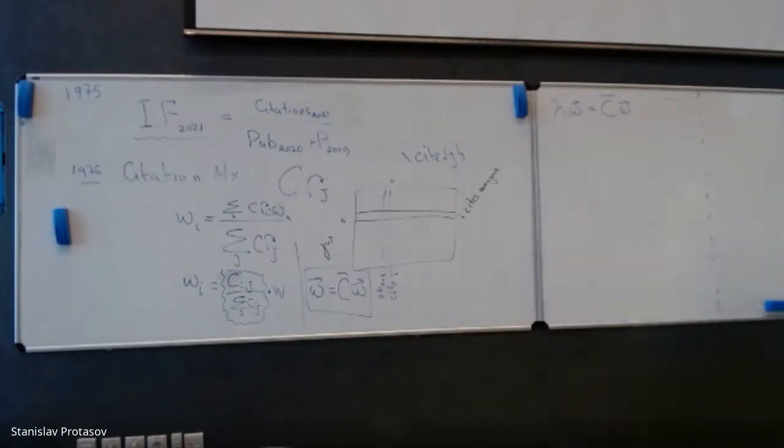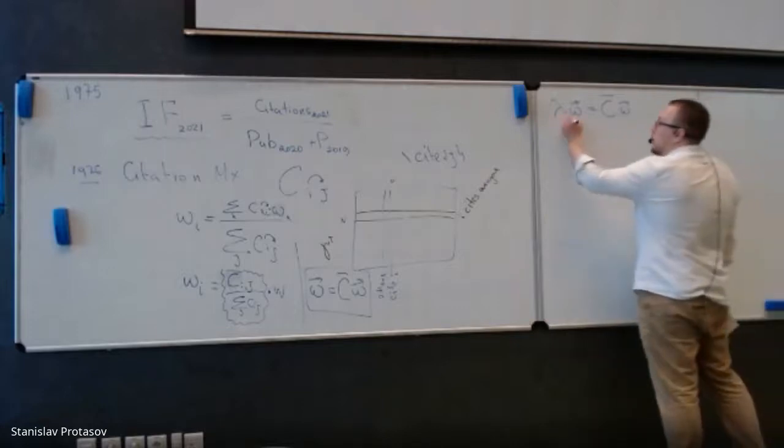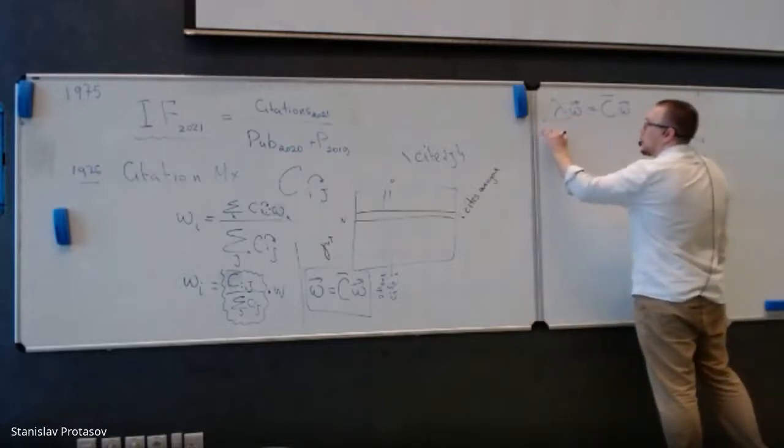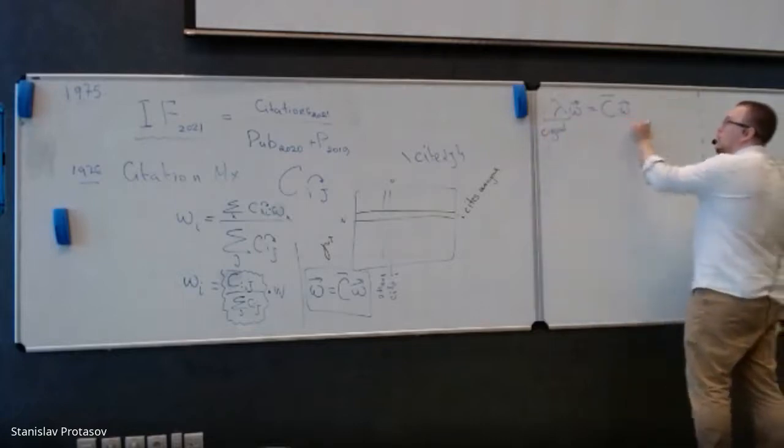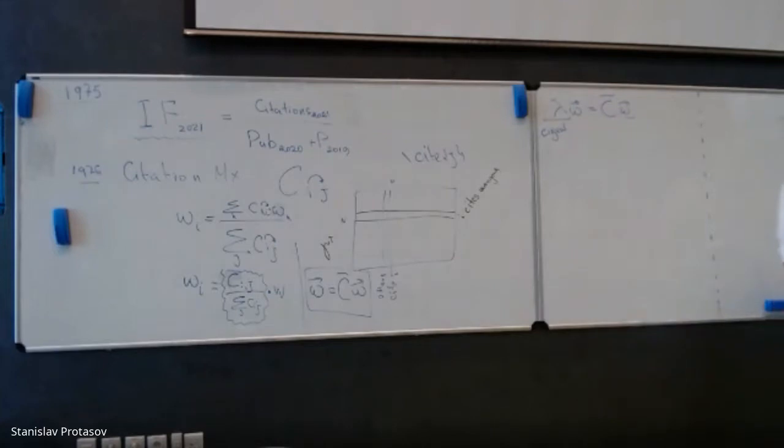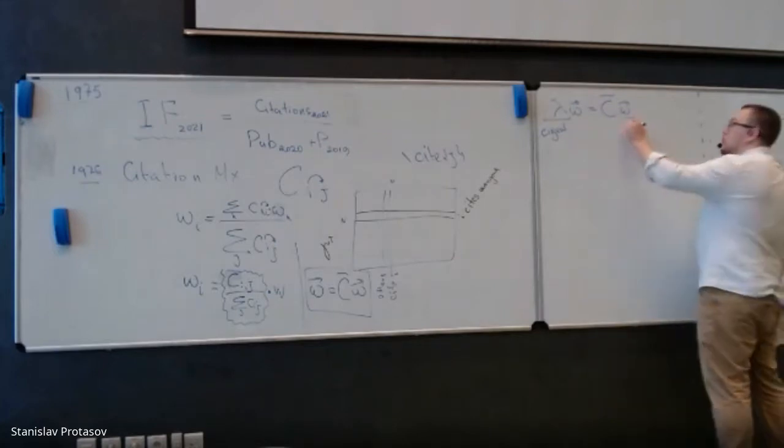So is it a well-known concept for you? Wonderful. So we call lambda eigenvalue, and we call W eigenvector. Wonderful.